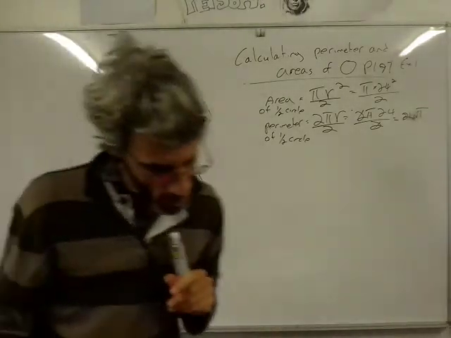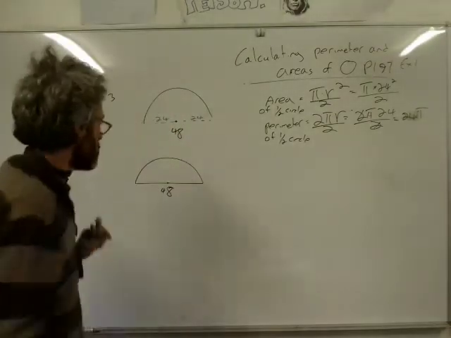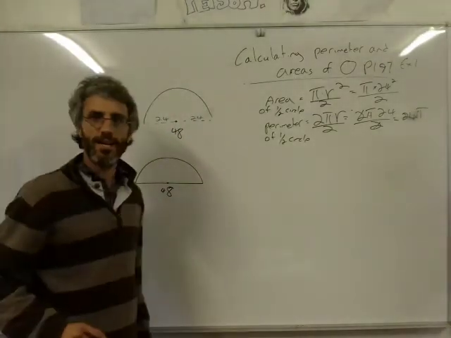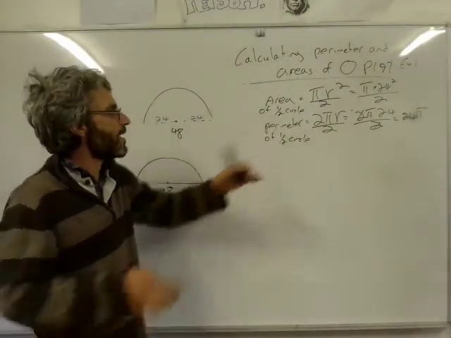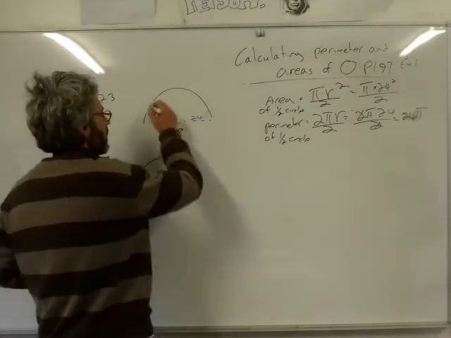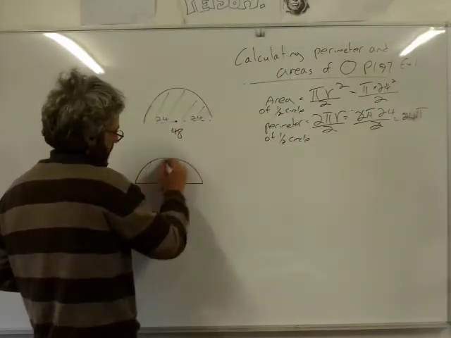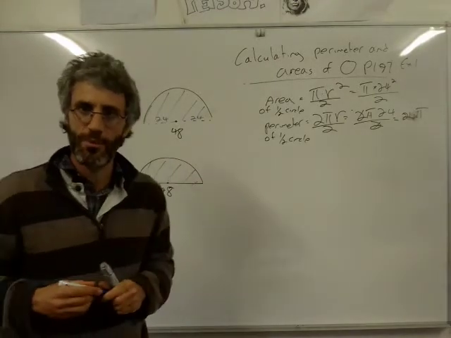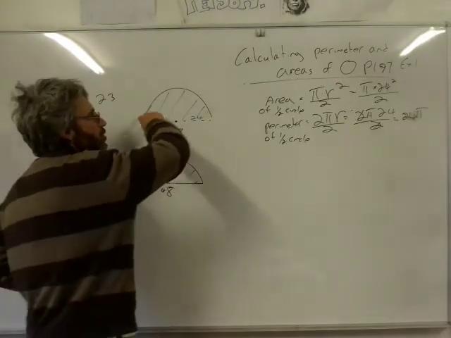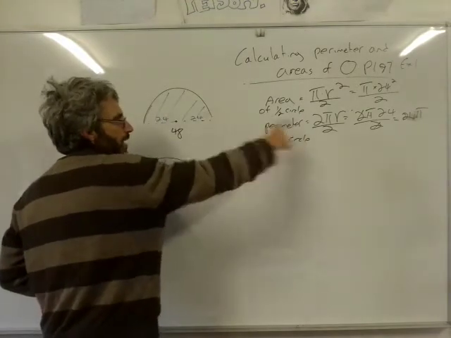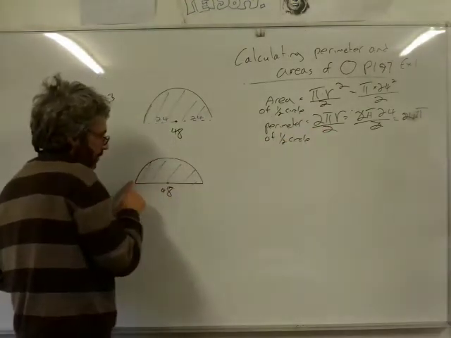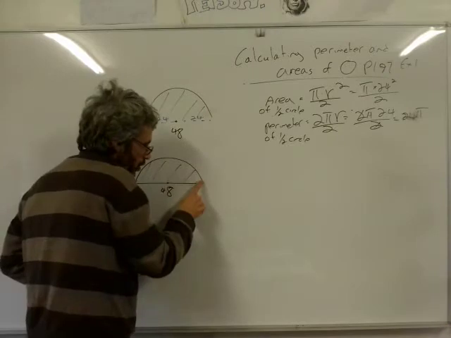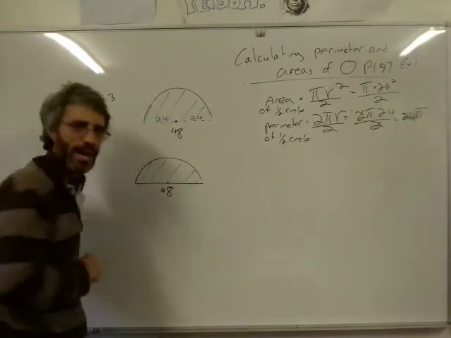But in other questions, for example 24, you'll see that there is a solid line here. Like I said, for area it doesn't matter, because the area of both of these semicircles is the same. There's no difference. The difference is in the perimeter. If the perimeter here was just half of that circle, like we've done here, 24 pi, the perimeter here is that half circle plus that line here.